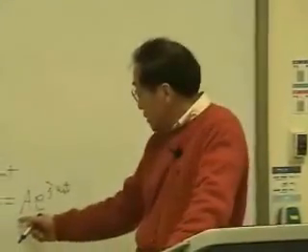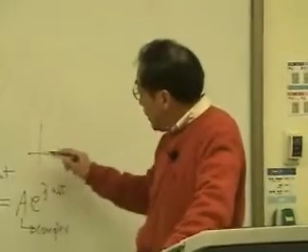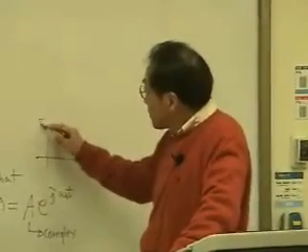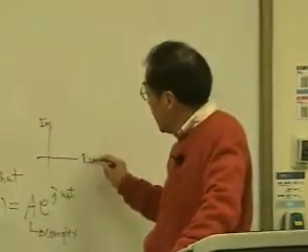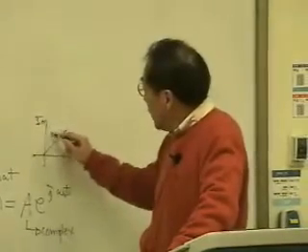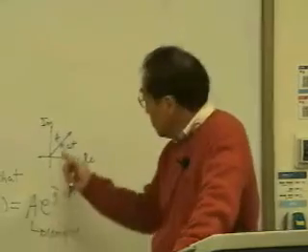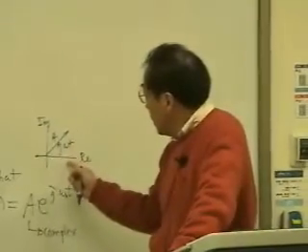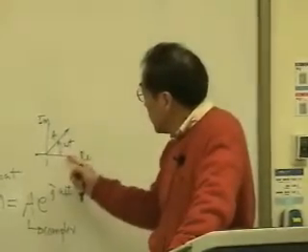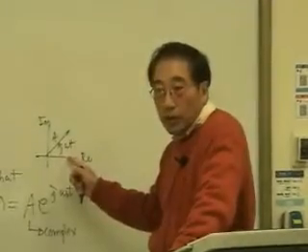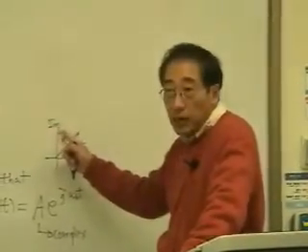Because this is complex, meaning that in the complex domain, this is A, this is omega t. So, A, this is the cosine omega t, and this is sine omega t.